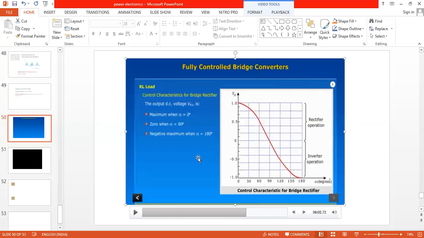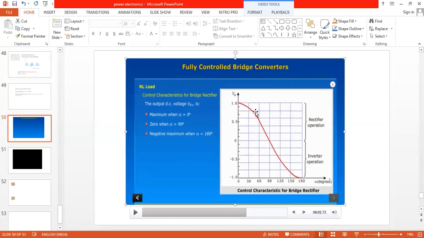Negative means I want to control the speed of the motor in the backward direction, so the firing angle should be greater than 90. Then the motor rotates in the backward direction, and an electric train moves backward.